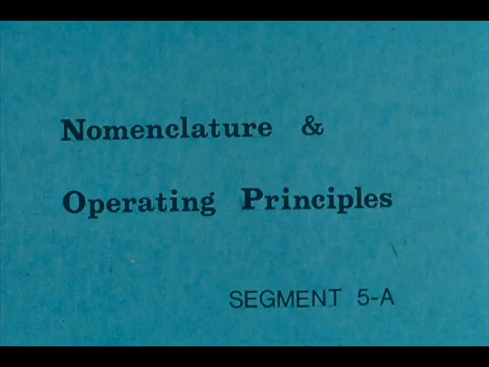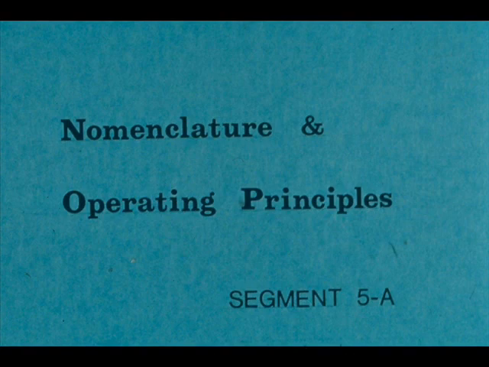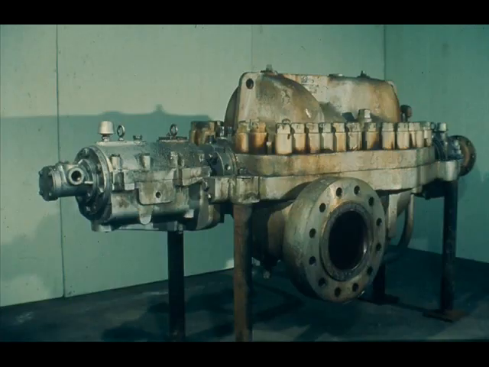During this segment of our course, we will take a look at a typical thrust bearing assembly, identifying the basic parts and showing you how it works. We'll be using this pump only as a vehicle to help us in this presentation.